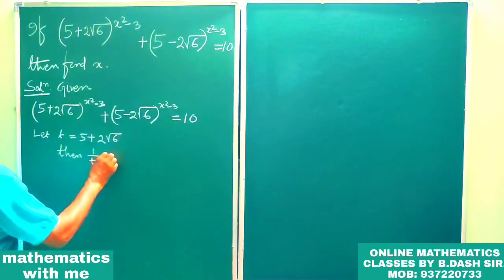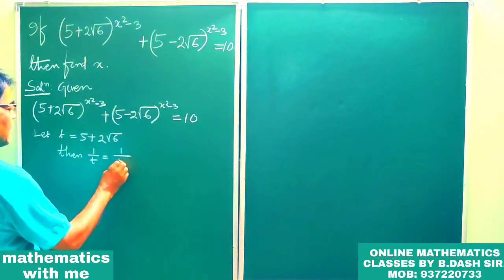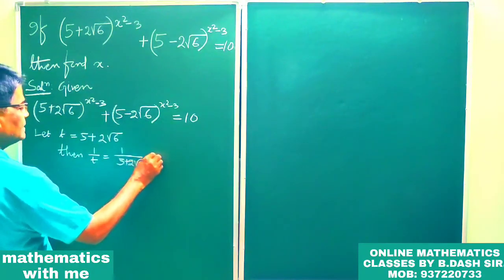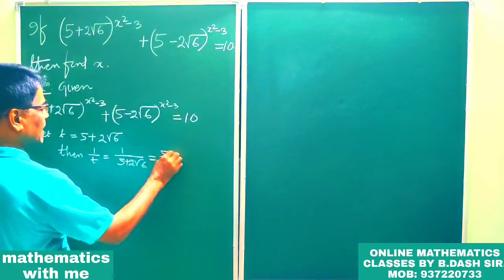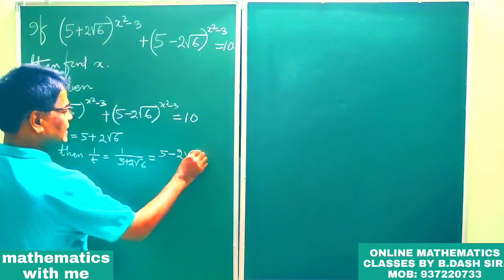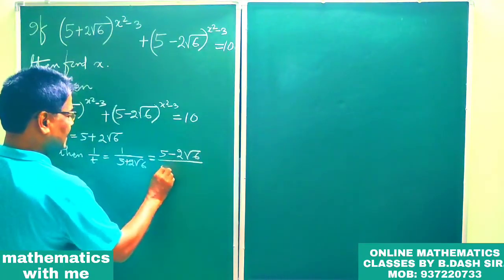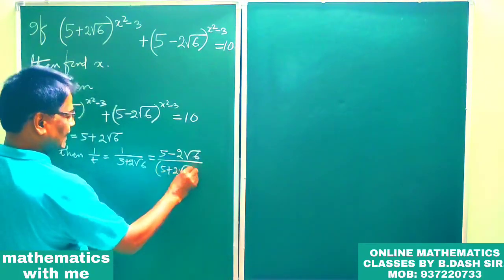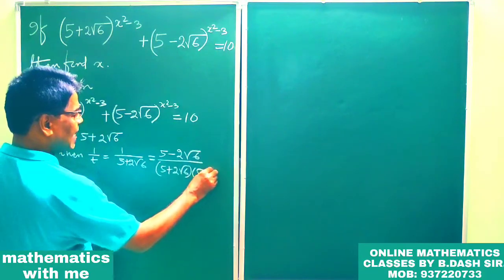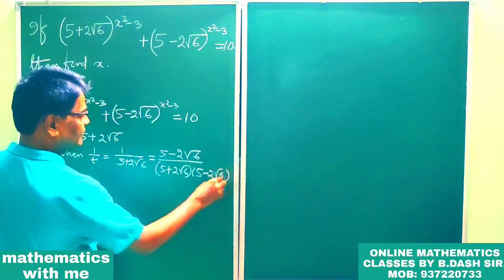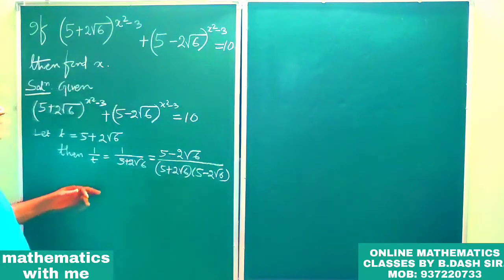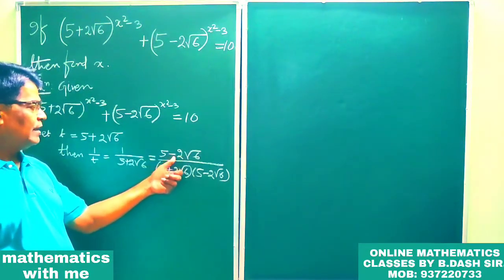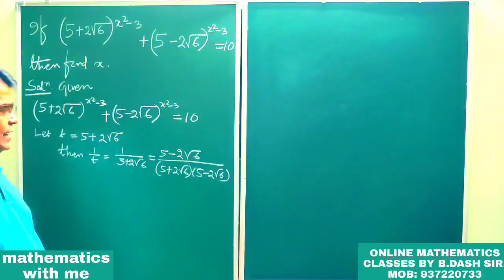1 by t is equal to 1 by 5 plus 2 root 6. This is equal to 5 minus 2 root 6 divided by 5 plus 2 root 6 into 5 minus 2 root 6. So we have multiplied 5 minus 2 root 6 to the numerator and also to the denominator.